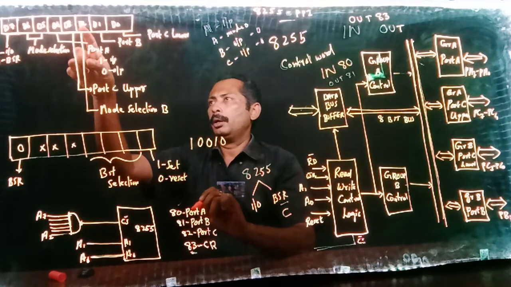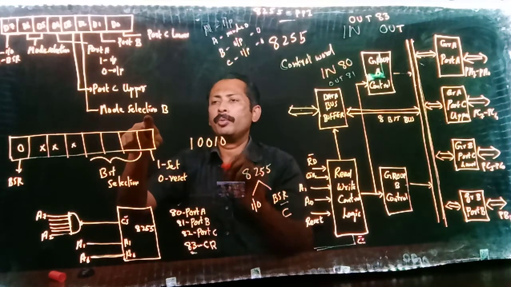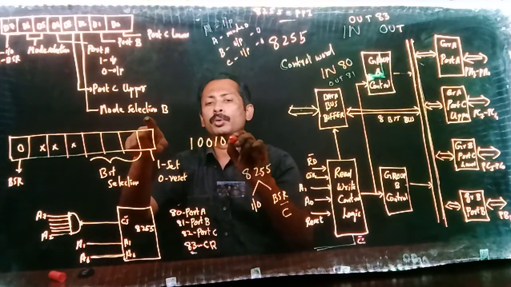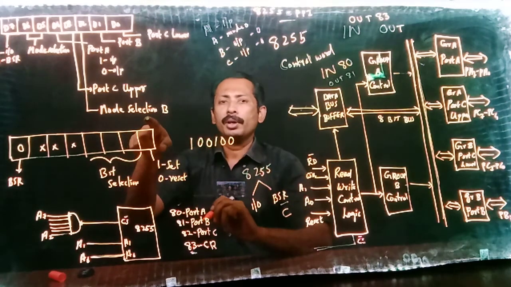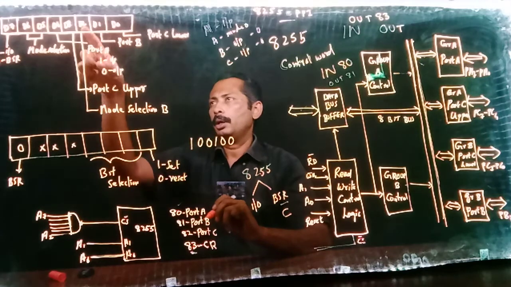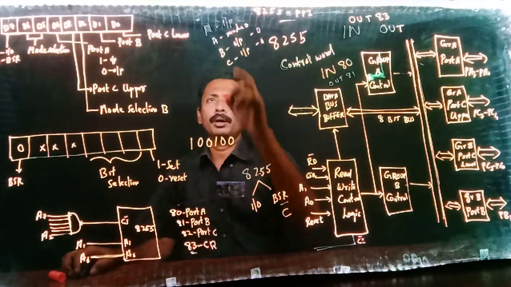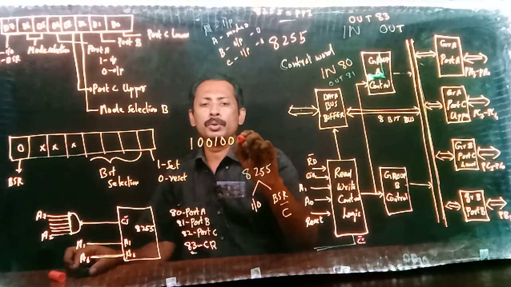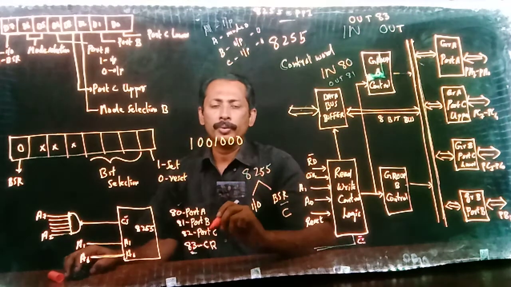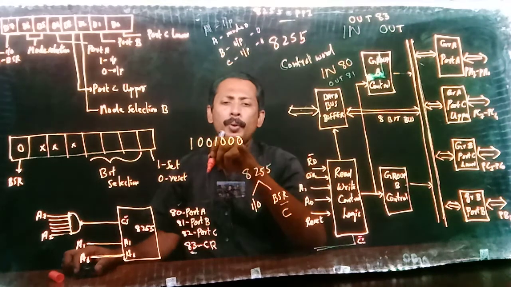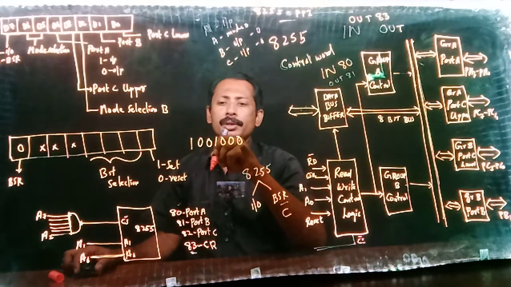Then D2 is for mode selection of group B. I have to use 0 for the mode 0 operation. Then D1 is for port B. Port B I have to use output device, so I am giving 0. So this 0 has a special meaning that port B contains output device.